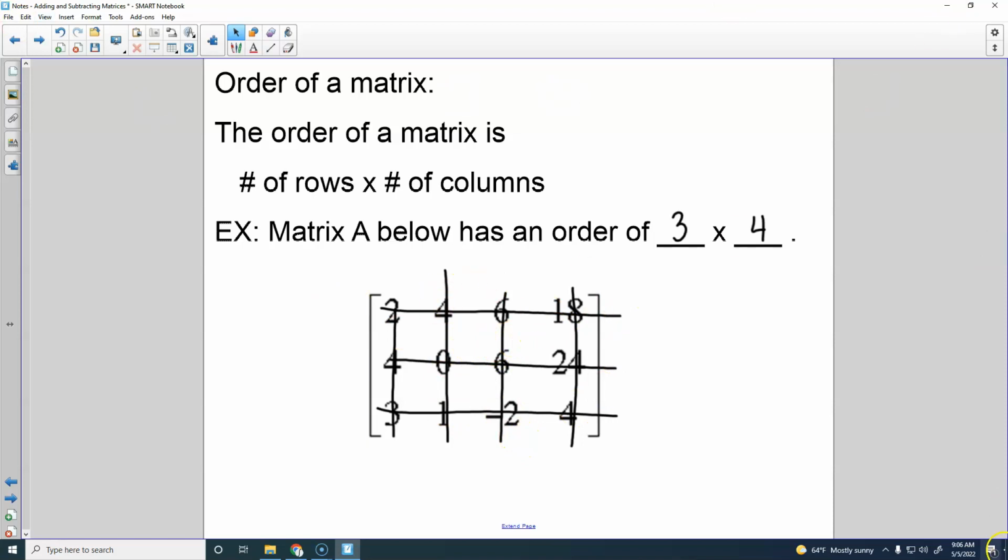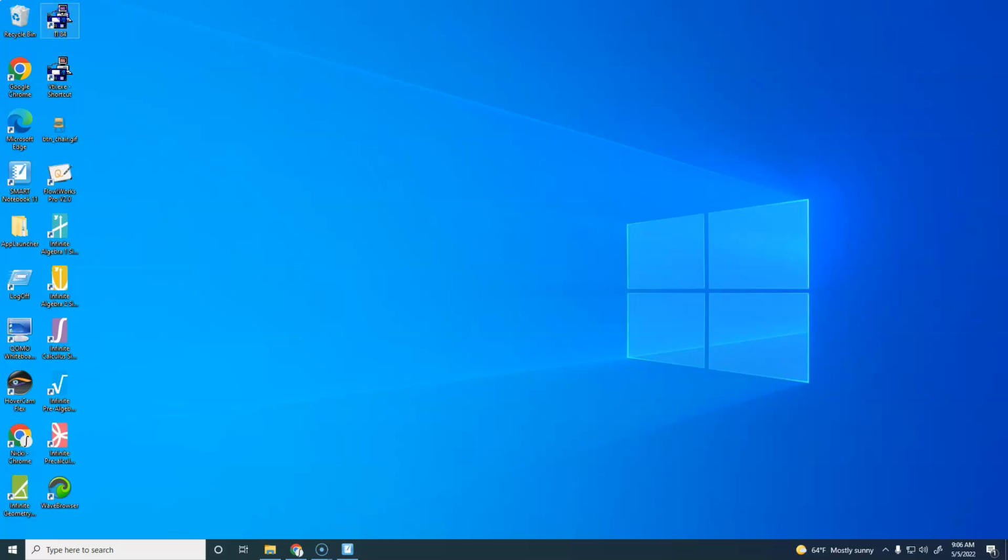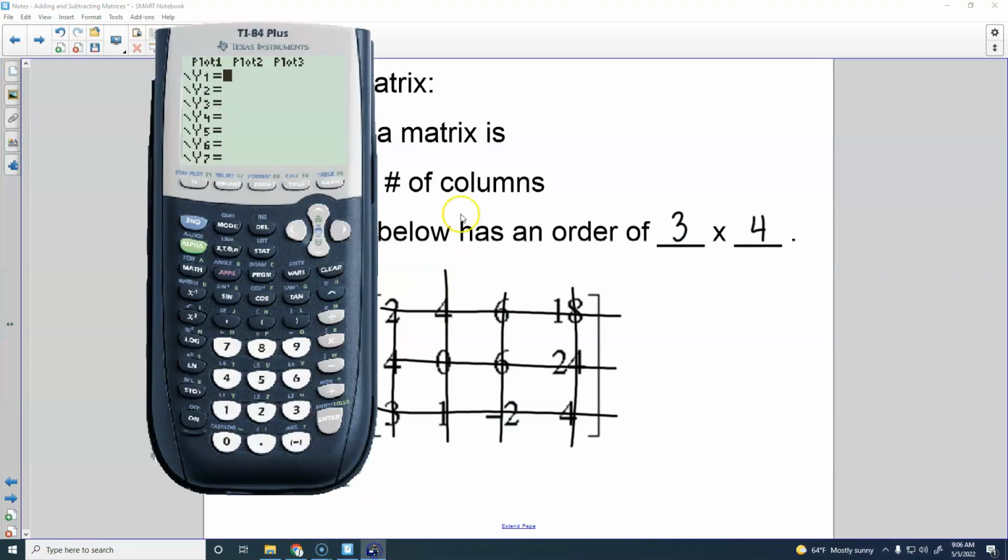If you get a little bit stuck, your calculator can help you a little bit here. If you forget about the order, if you hit the blue button and then matrix, you have a matrix menu.